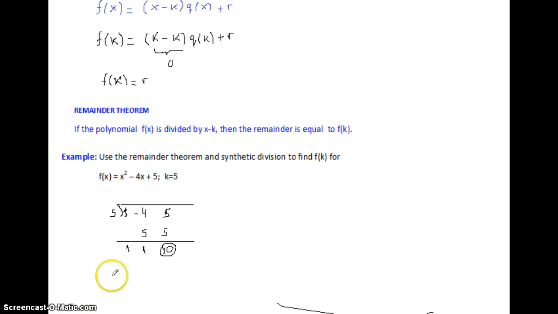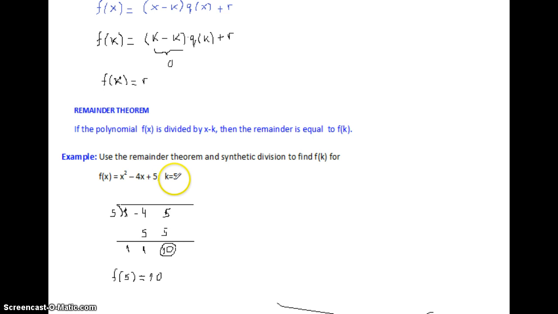Because of the remainder theorem, we know that f of k equals r. In our case, f of 5 is 10. That's how we can use synthetic division to evaluate functions. We can check to make sure that the value of the function is the same using the other method.